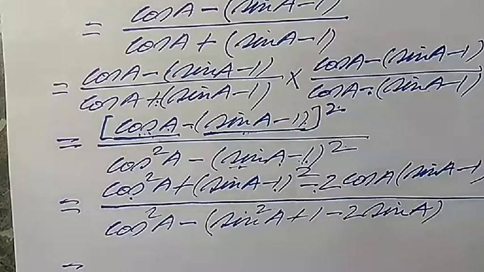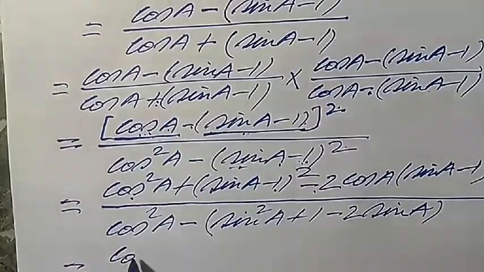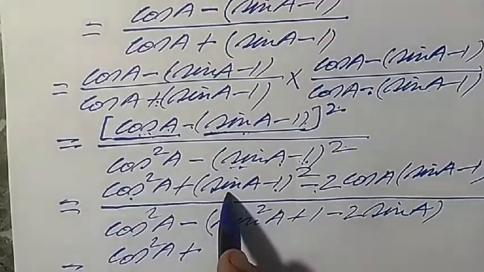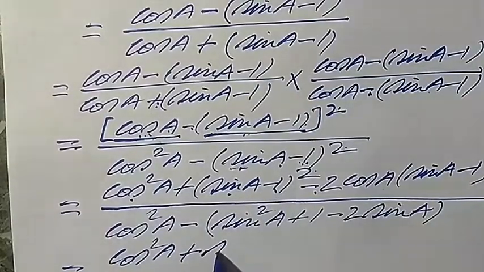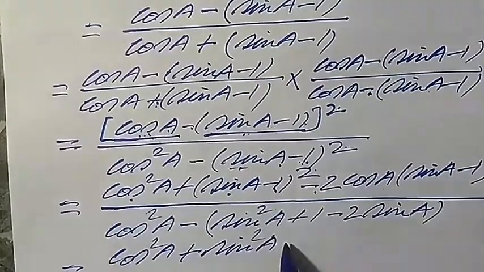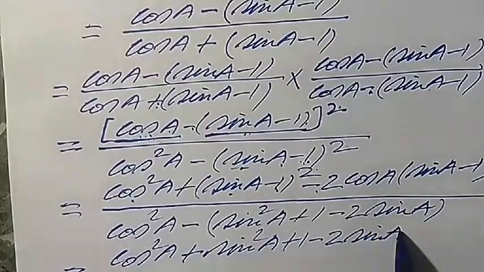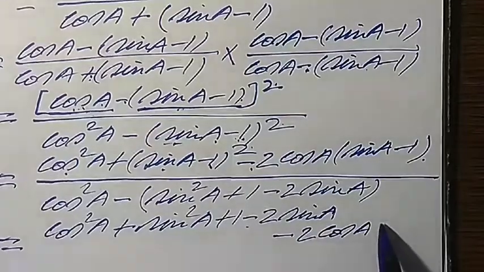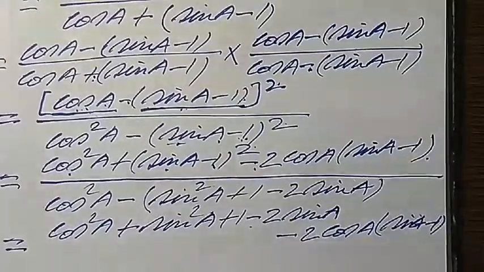Now in the next step, cos square a as it is plus, here again sine a minus 1 whole square may be expressed as sine square a plus 1 minus twice sine a minus 2 cos a sine a minus 1.